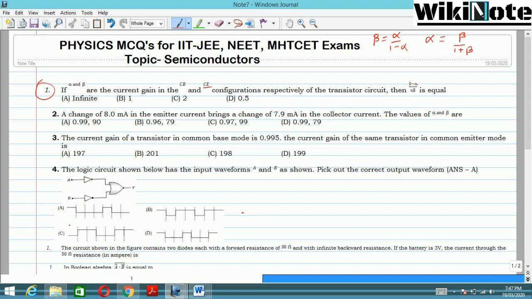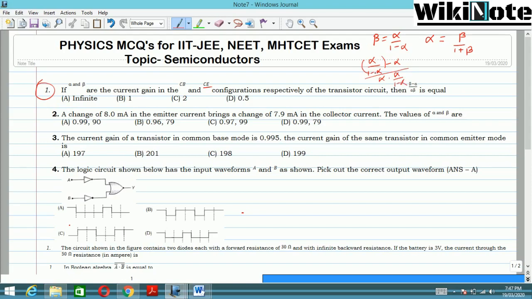As the expression is beta minus alpha, we will write it as alpha upon 1 minus alpha, minus alpha, in brackets, divided by, again as I have replaced beta, the same at the denominator place, alpha into beta, which is alpha divided by 1 minus alpha.